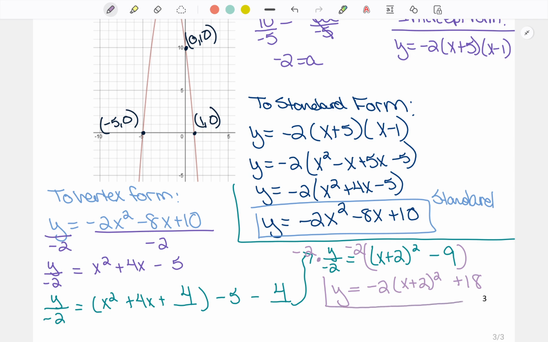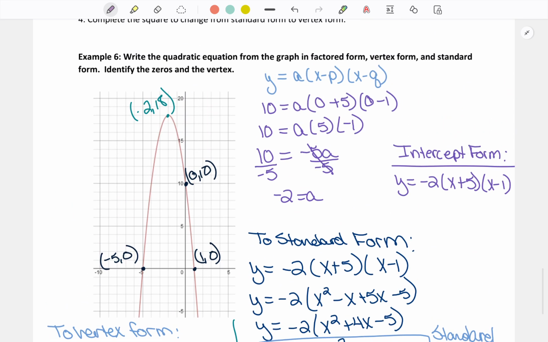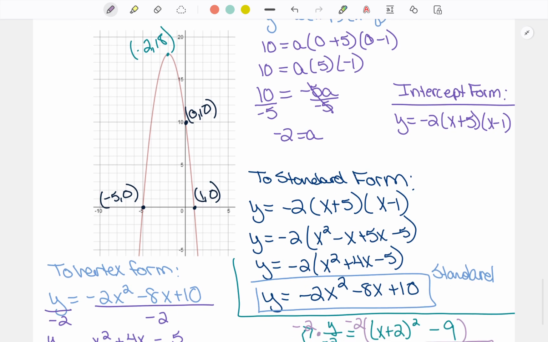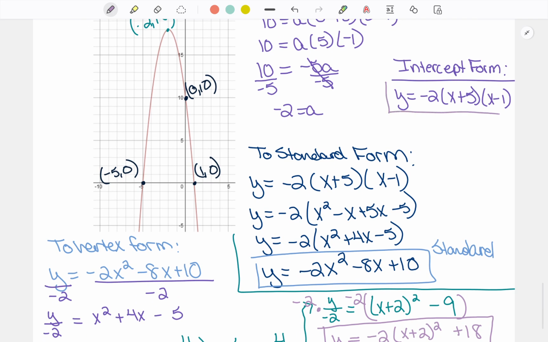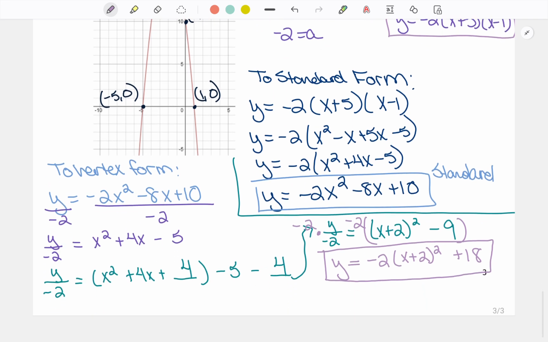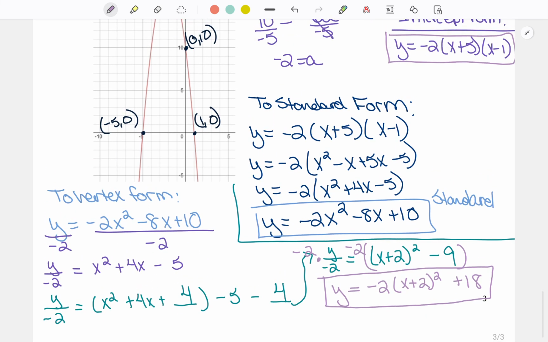And then this gets us to our vertex form. And we have a vertex of negative 2, 18, which is what we needed. So we have all three forms for this quadratic equation, and we are officially finished with it.